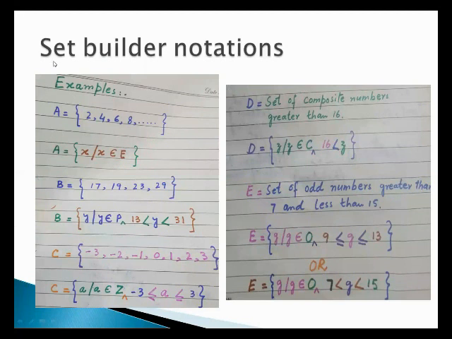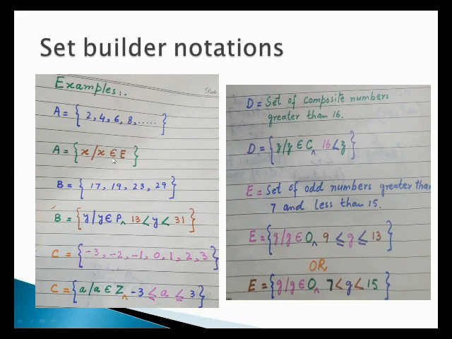Now we see how we convert a set into set builder notation. There are different sets like A, B, C, D, E. Set A is 2, 4, 6, 8, and so on. We identify that they are all even numbers. So in set builder form, we don't name these numbers, so we use x such that x.